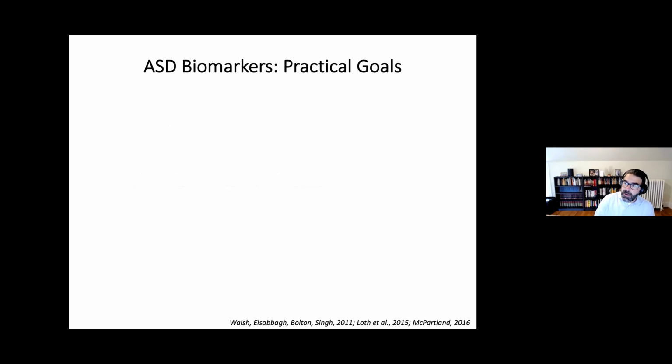I also worry about practical things because I don't just want these biomarkers to be useful in my lab. I want them to be useful in gigantic clinical trials, and someday I want them to be useful in clinical practice. So if we think about things in those terms, there are practical considerations that are relevant. One, it needs to be viable in this group.